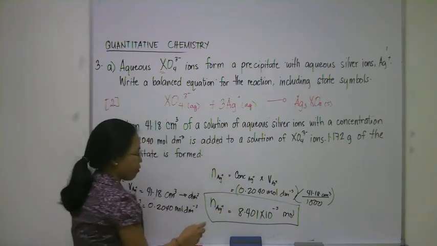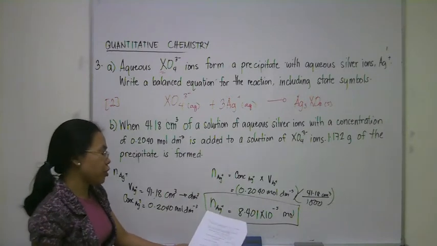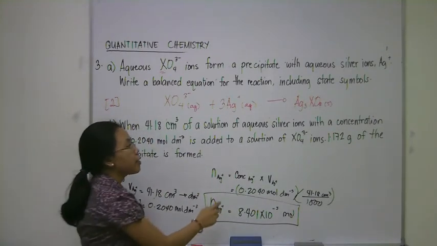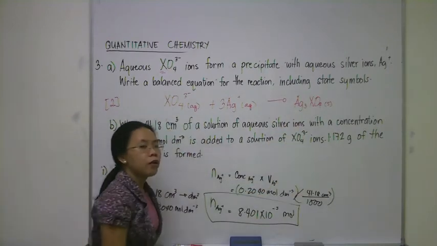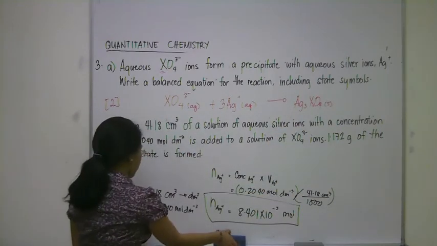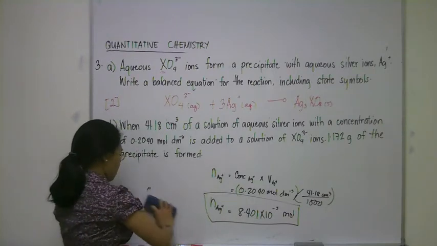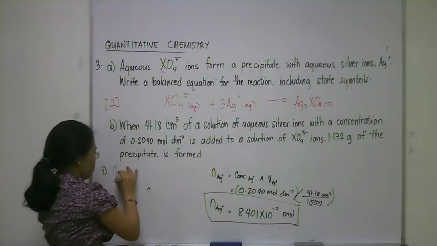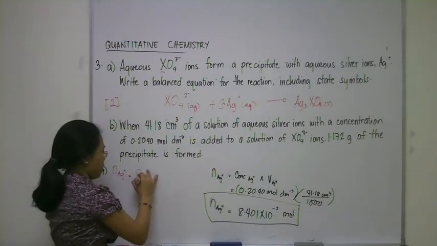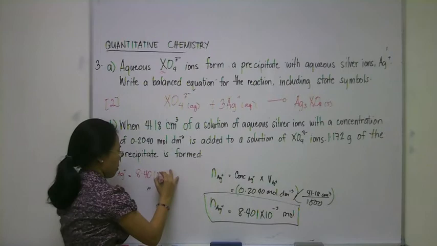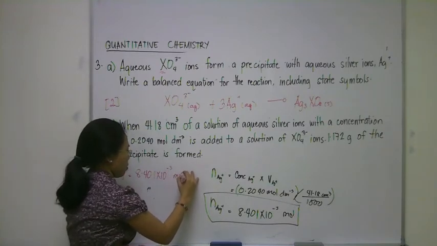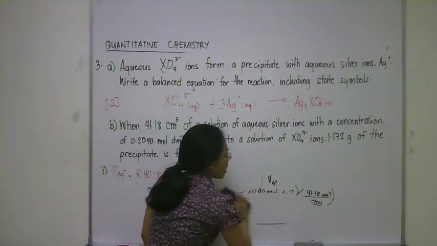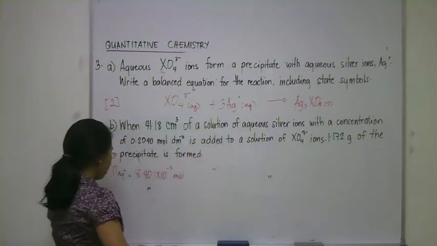So since we have the moles of silver ions, we can divide this by 3 to find the moles of the precipitate.